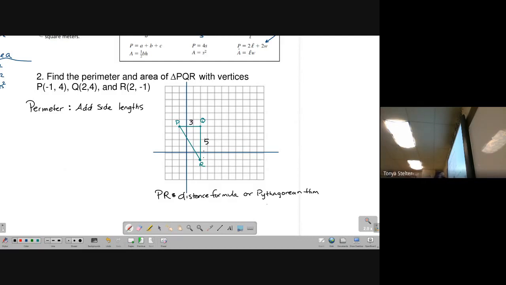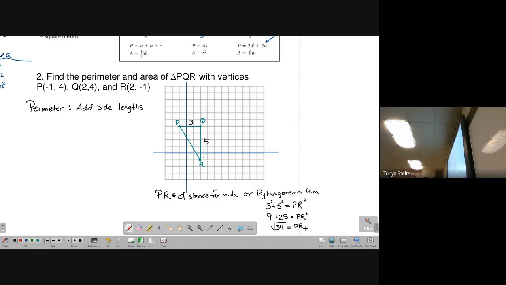So 3 squared plus 5 squared, the 2 legs squared, is equal to the c. Well, c here is PR, so I'm going to put PR squared. So that's 9 plus 25. That gives me 34. And I'll have to square root.